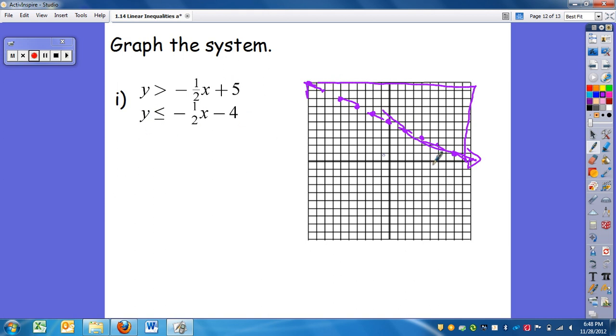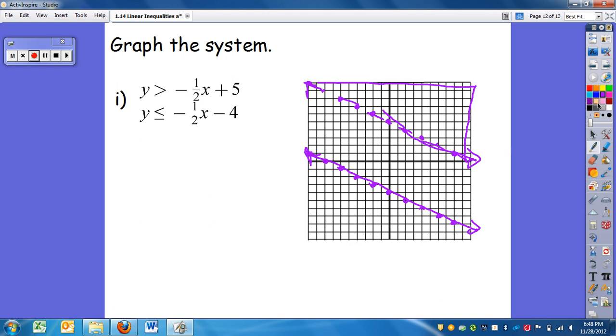And then on y is less than or equal to -1/2x minus 4, so I start at -4. And you'll notice that these two lines are parallel to each other, which kind of goes off of when we solve by graphing. These two are parallel because they have the same slope, but this one is equal to, so I have a solid line.